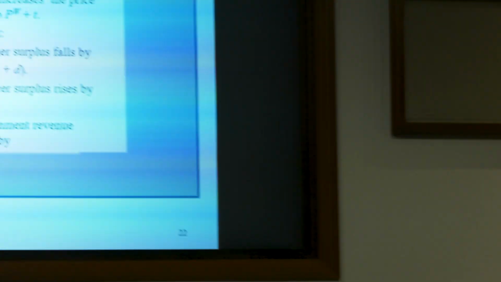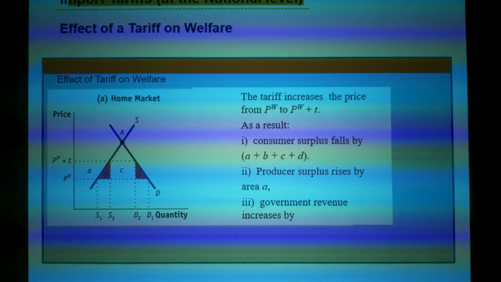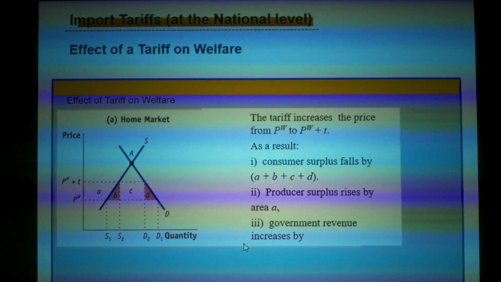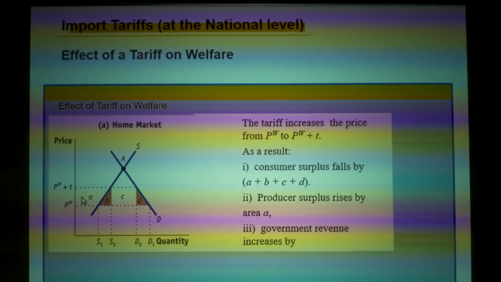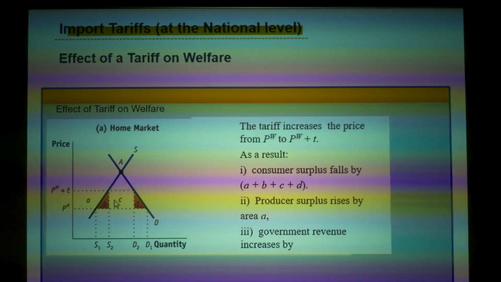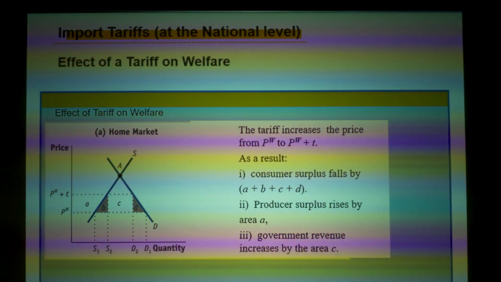Okay, this is the last question here. Anyone want to take a stab at this? Let's go out on a limb and say C. C it is. Tariff revenue is C. That's the amount of imports, remember, the lower imports, the difference between D2 and S2, times the amount of the tariff, which is how much the price went up. So government revenue increases by C.